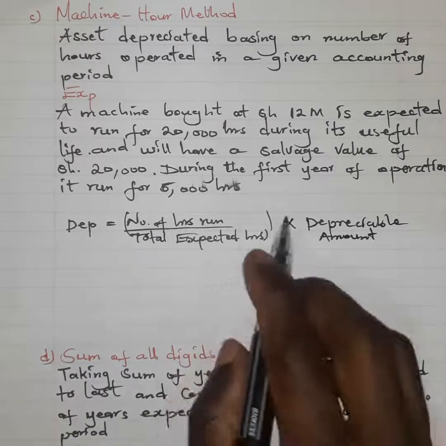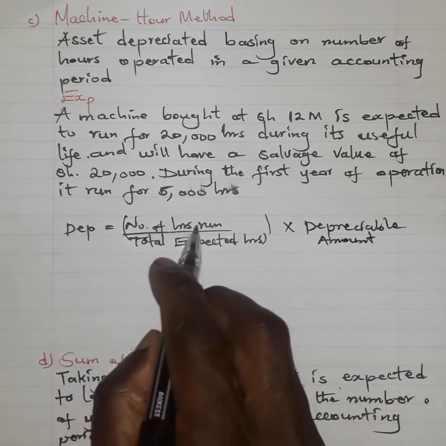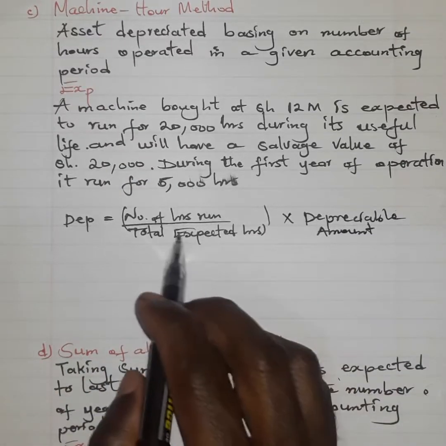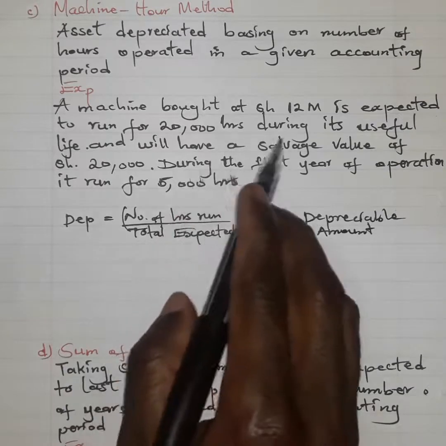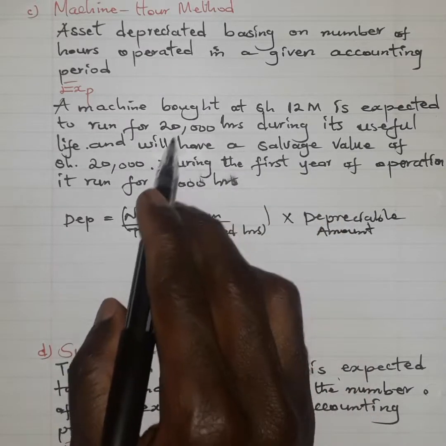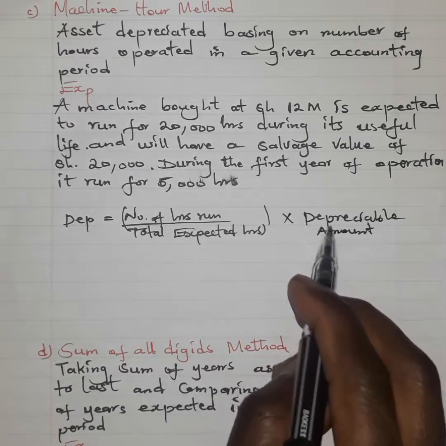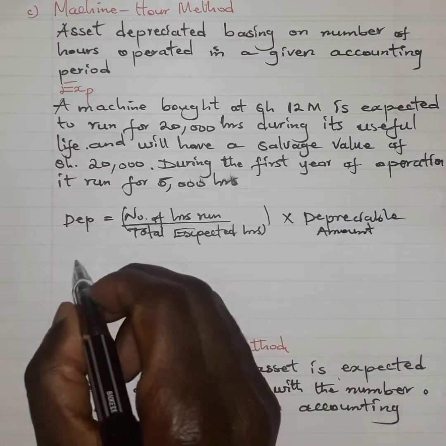Now, in this equation, we have the number of hours run, which is 5,000. What was expected is 20,000. What we don't have is the amount which is supposed to be subjected to depreciation, which you're supposed to calculate.